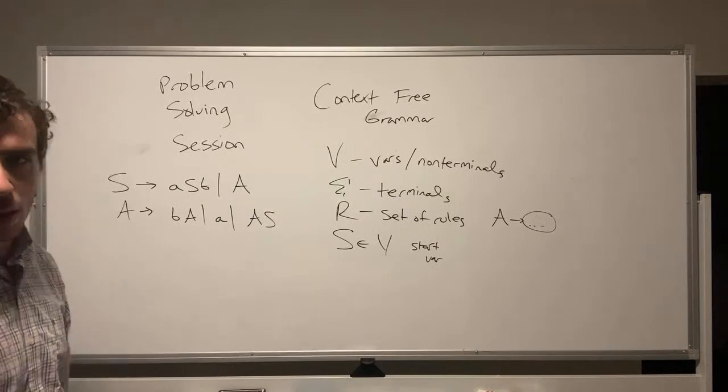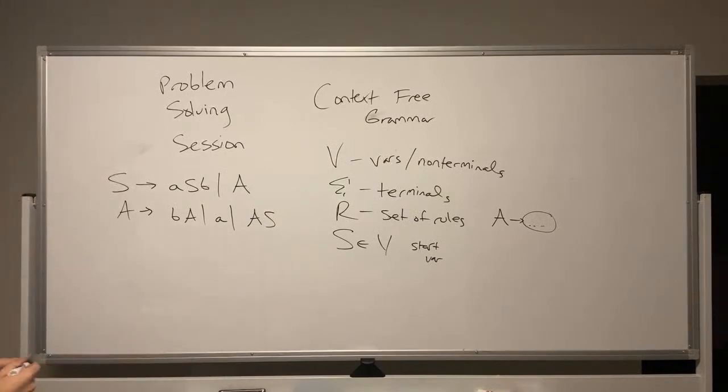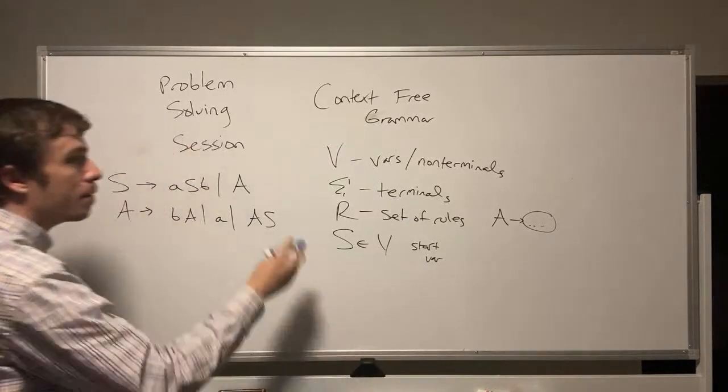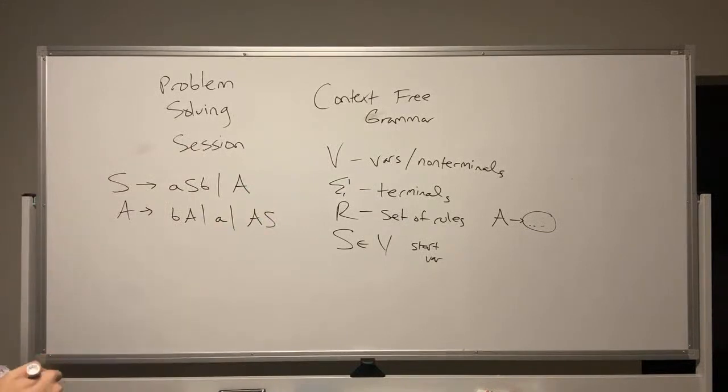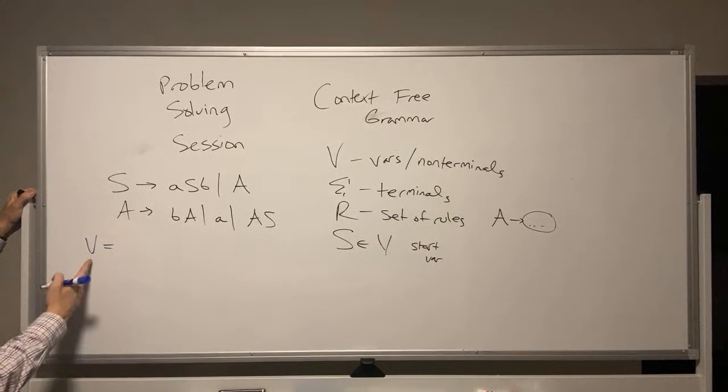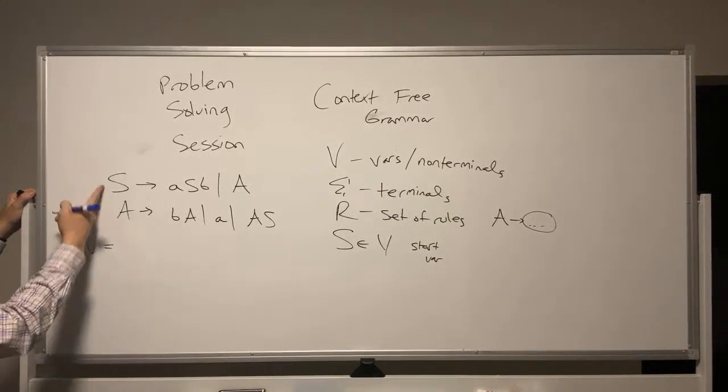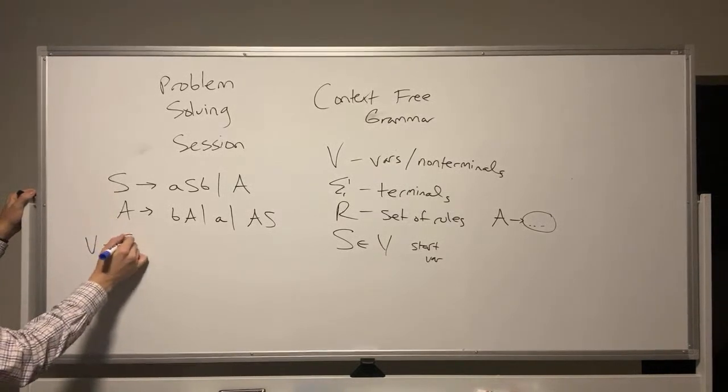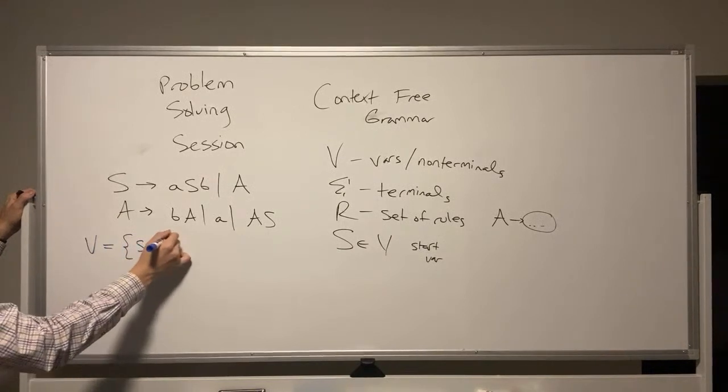So this grammar is obviously a context-free grammar. What are the 4 parts here? The set of variables are going to be the things on the left-hand side. So that's going to be the S and the A.